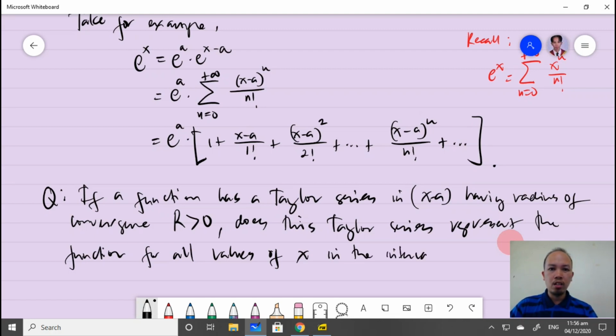In the interval of convergence, this one, a minus r, a plus r.